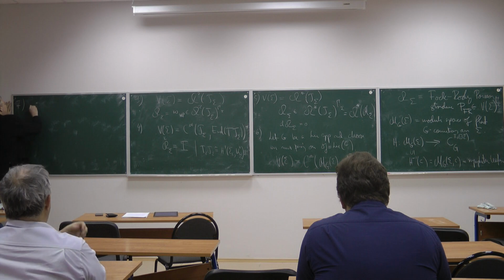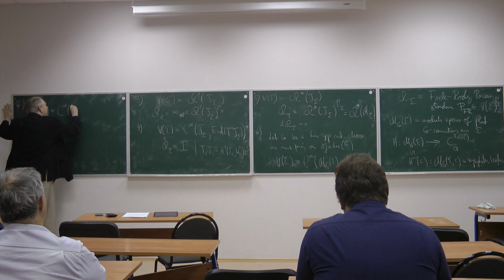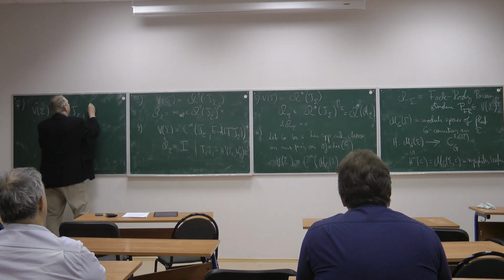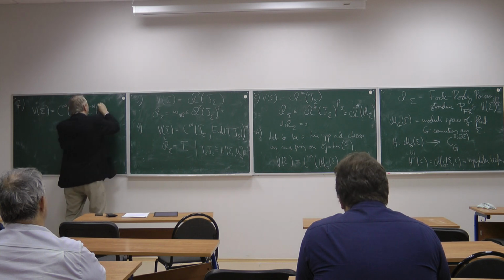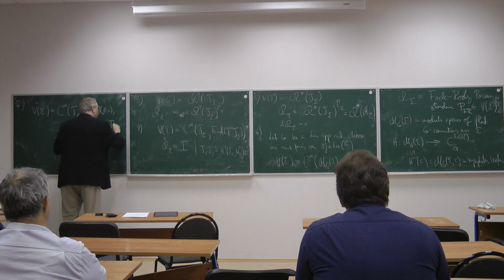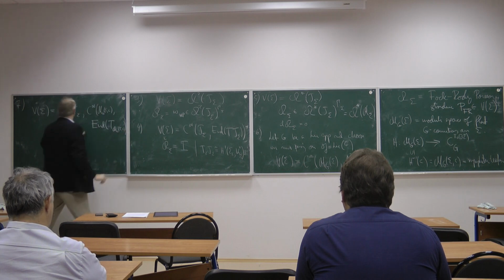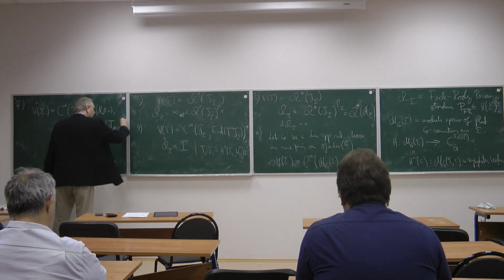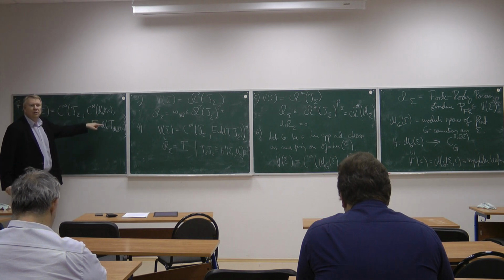Now I'm going to let V of sigma be the following. You look at smooth maps from Teichmuller space to smooth sections over M_G sigma, C of the endomorphism bundle of the tangent bundle of that space. So in other words, I'm going to think of Teichmuller space as parameterizing complex structures on these moduli spaces.